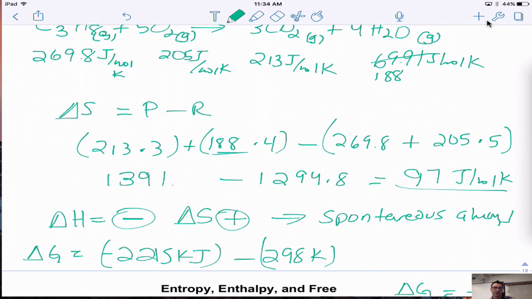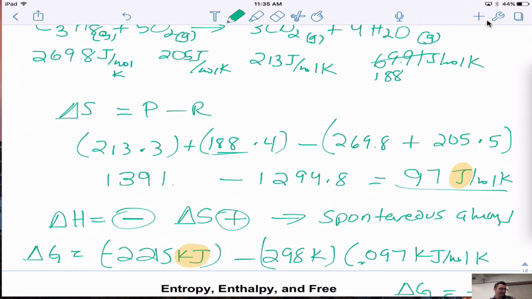And this is where you have to be careful. The entropy's units have to match. And if you notice, they don't match over here. They're joules versus kilojoules. So you could change either one. I'll change the entropy. We'll times this by 0.097 kilojoules per mole Kelvin. So when we do this, what you'll see is that we will get a negative delta G. That negative delta G will allow us to see that the reaction is spontaneous. So let's go ahead and do that. 298 times 0.097.